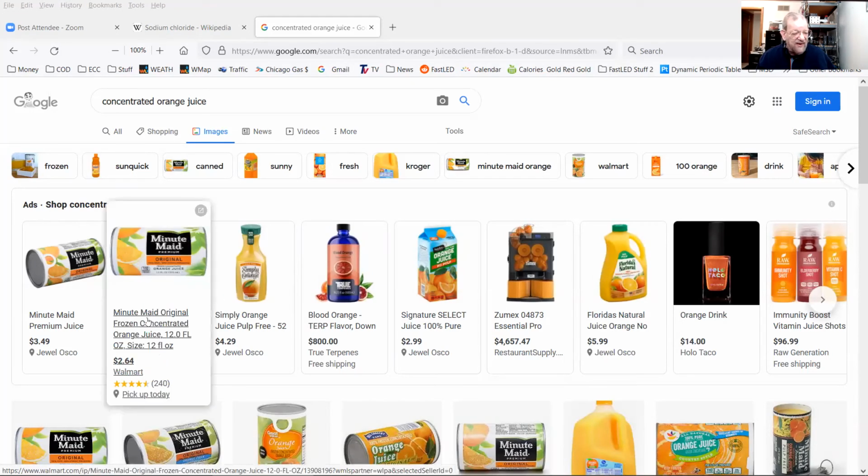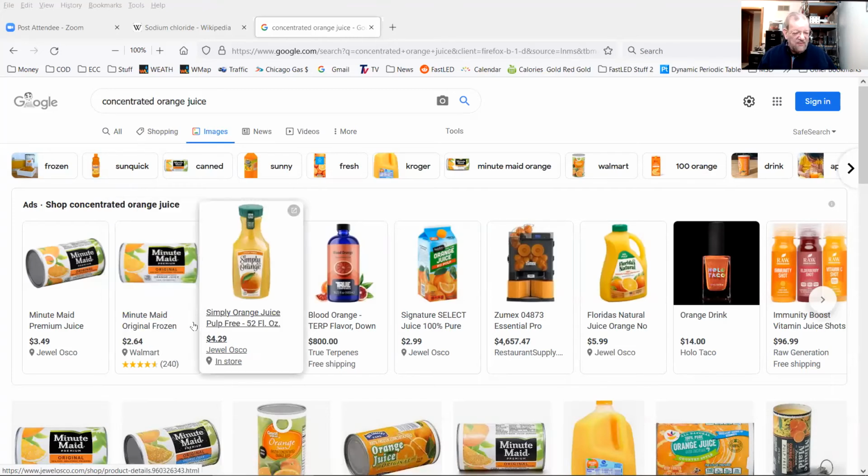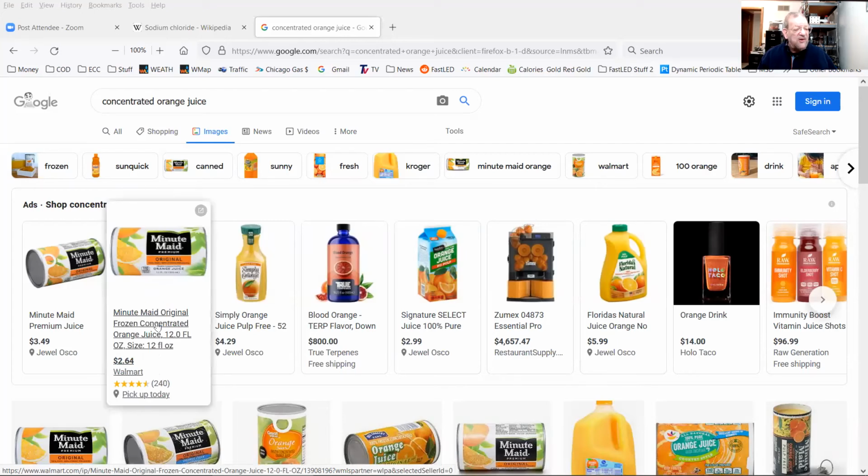Why concentrated? Well, back then it was a lot cheaper to ship it without the water. And how do you make orange juice from this? You add water. If my memory serves me correctly, you add 1 can, this whole can, then you use 3 cans of water, or 3 or 4, and that's how you do it.